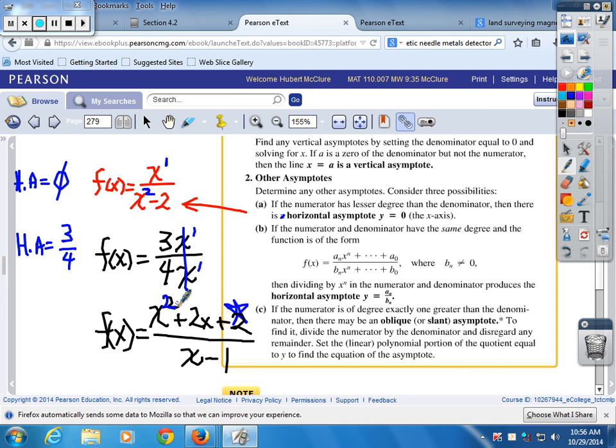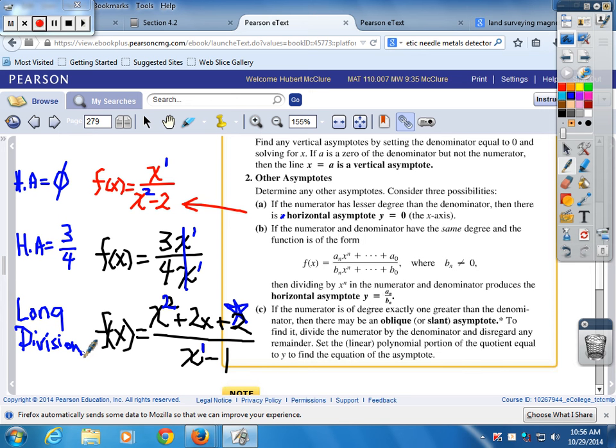Here's 2, and here's 1. So the degree of the denominator is less than the degree of the numerator. What do we use? Long division.